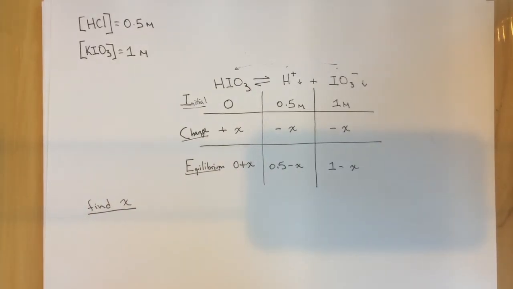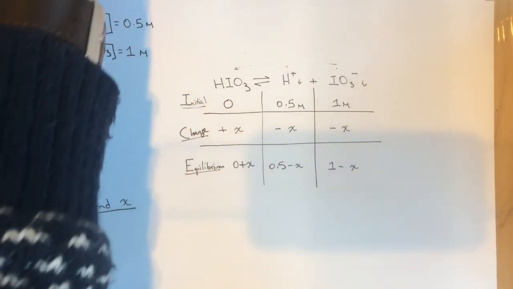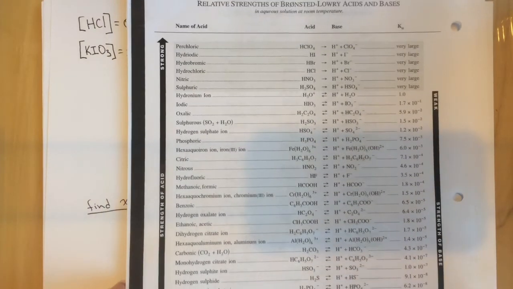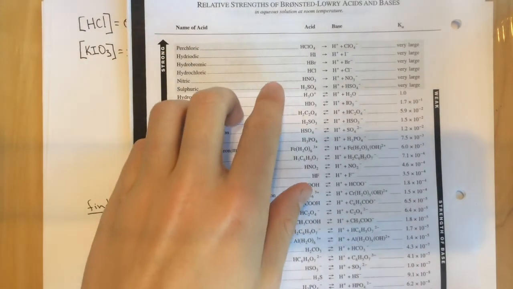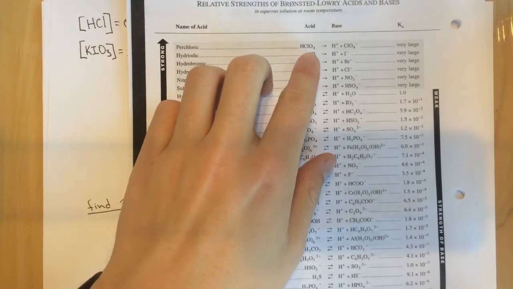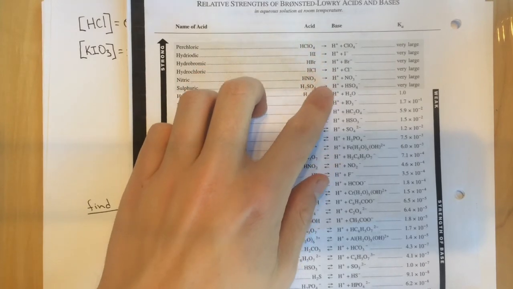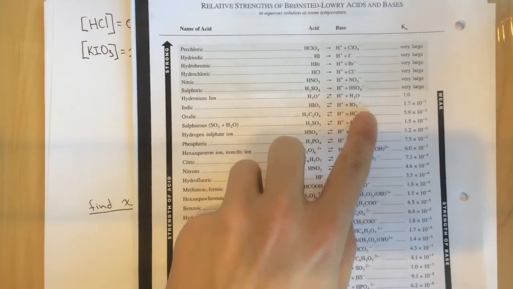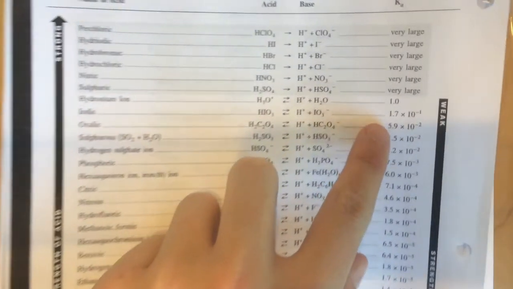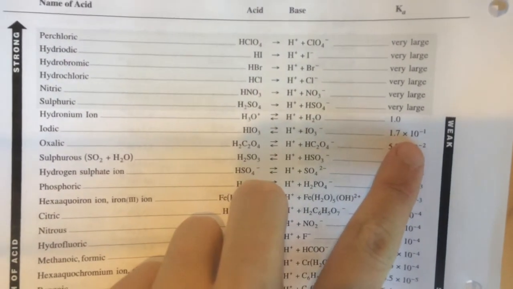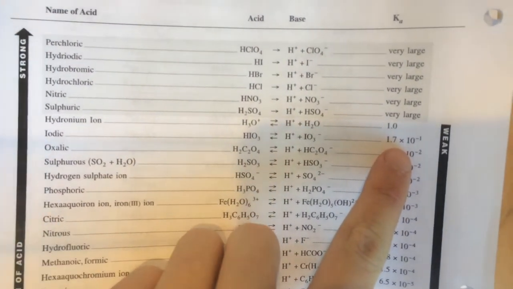So to do that, we can use our Ka expression. First we're going to grab our data booklets and look for our acid, which is HIO3. So just under the strong acids we can find, there it is, HIO3 with a value of 1.7 times 10 to the power of negative 1.